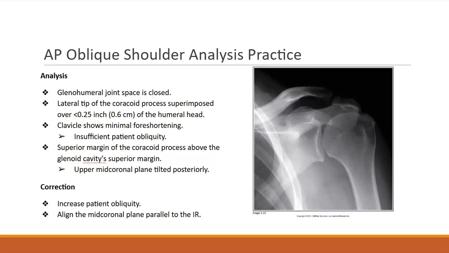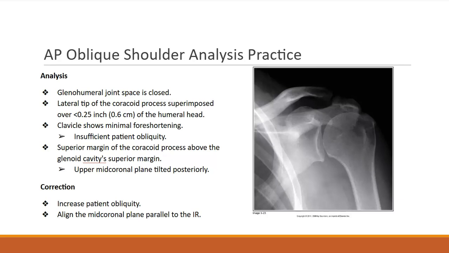It is superimposing less than that 1/3 of the humeral head. This should indicate to you that there is insufficient patient obliquity. You can also look at the positioning of the clavicle as it shows minimal foreshortening to help you identify rotation errors.